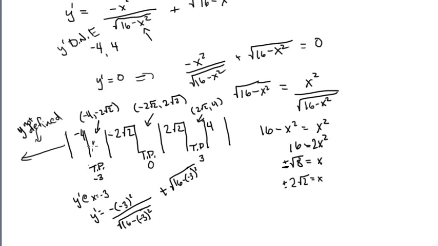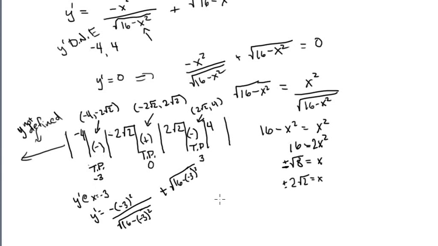So this is going to be negative. I put in a value of 0, I get 4, so that is going to be positive. I put in a value of 3, I get negative. So this tells me that the function is decreasing.